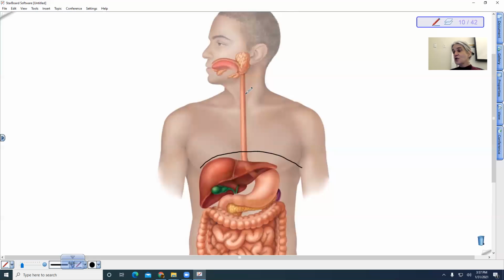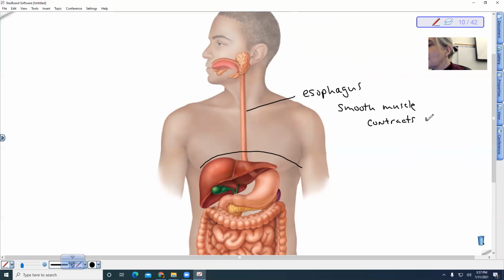The esophagus is kind of interesting. It is composed of smooth muscle, and smooth muscle is under control of the autonomic nervous system, so it is involuntary. It contracts involuntarily.